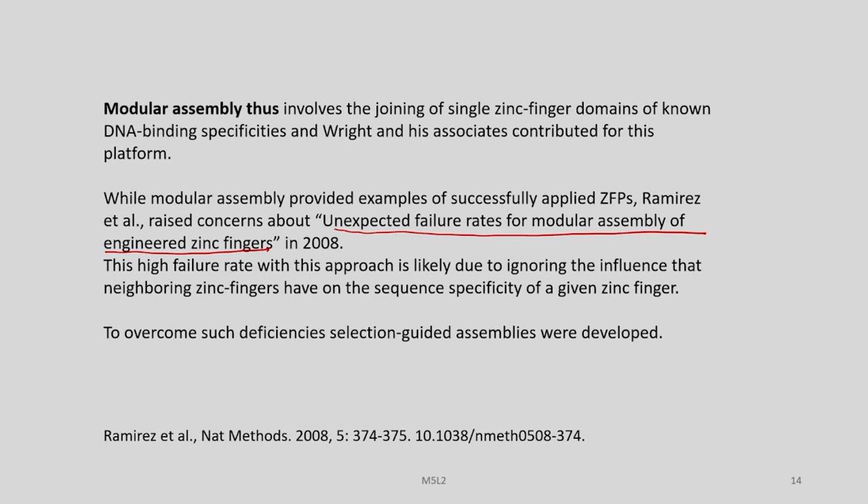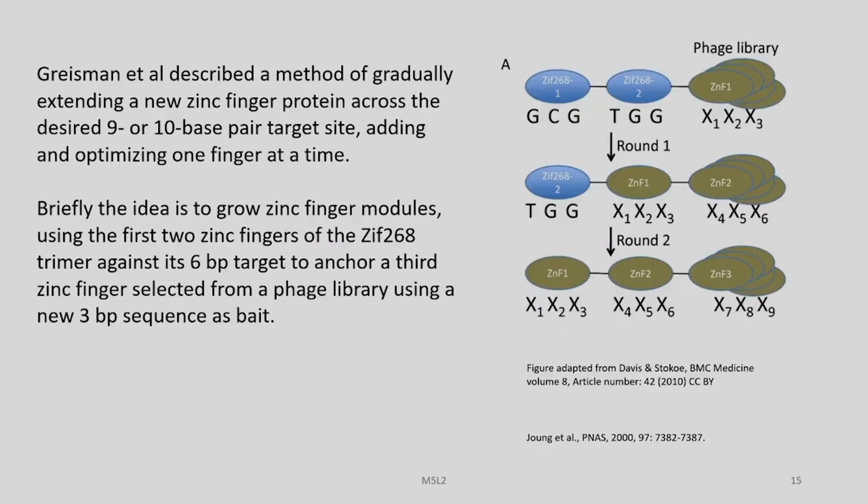To overcome such deficiencies, selection guided assemblies were developed. So, Greisman et al. described a method of gradually extending a new zinc finger protein across the desired 9 or 10 base pair target site, adding and optimizing one finger at a time.